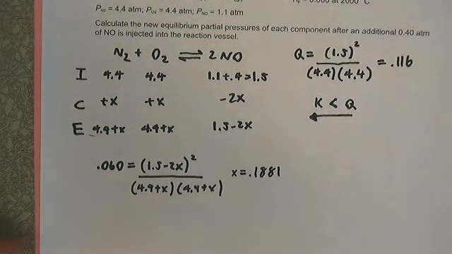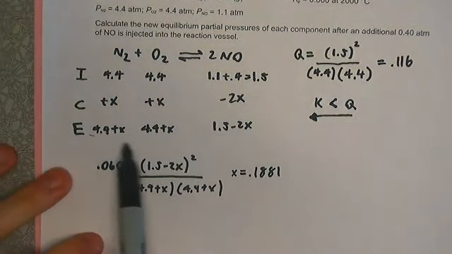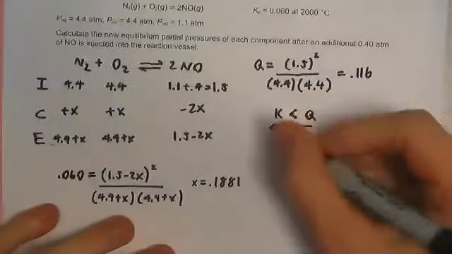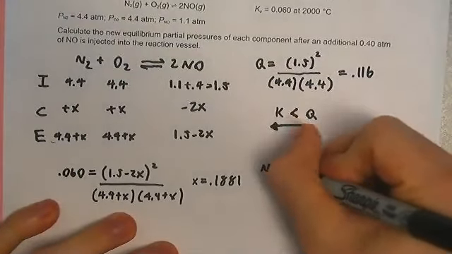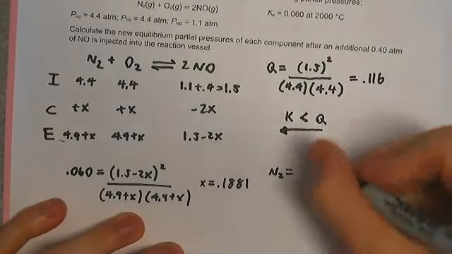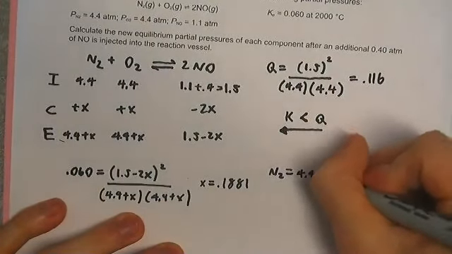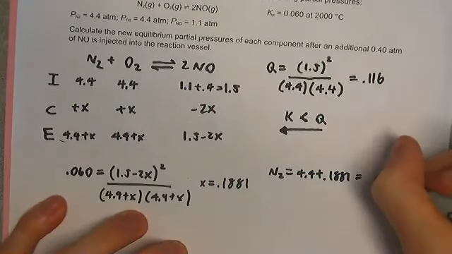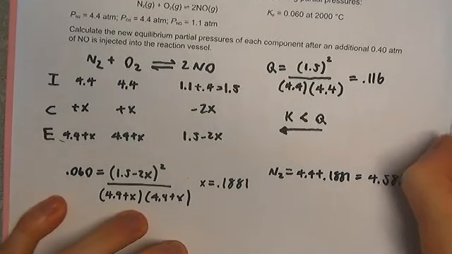So I need equilibrium partial pressures, and I have them in terms of x, and I have x. So let's solve. N2 would be equal to 4.4 plus x, so that would be 4.4 plus 0.1881, which is equal to 4.588.